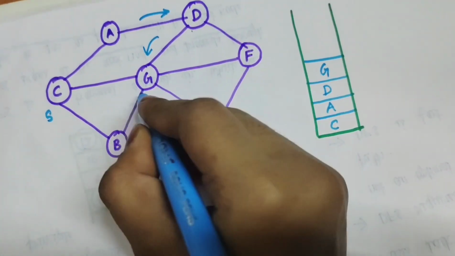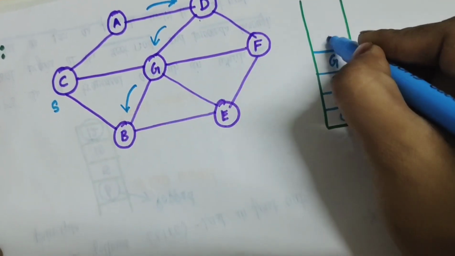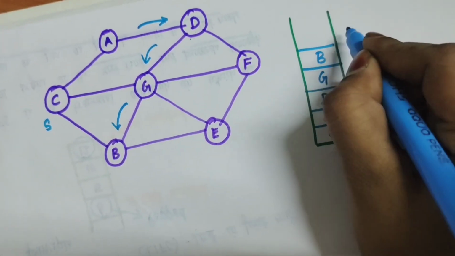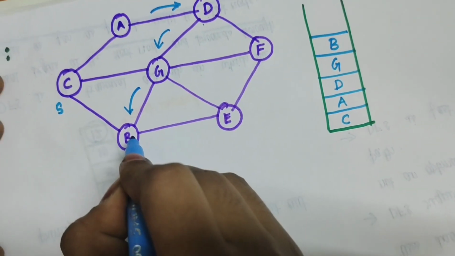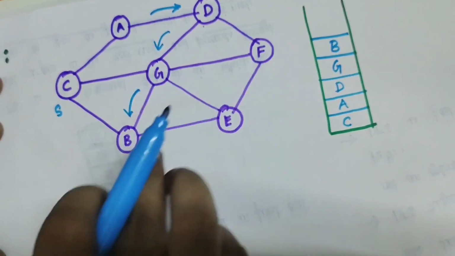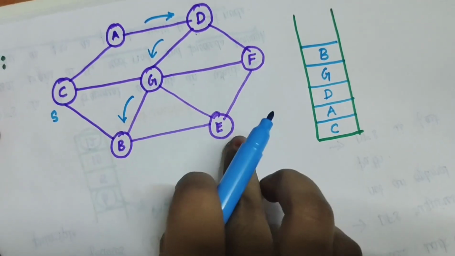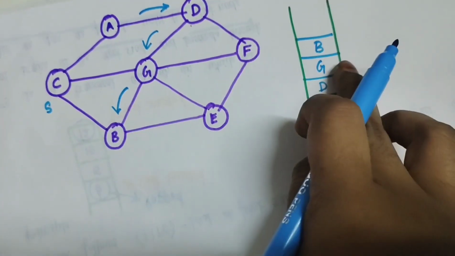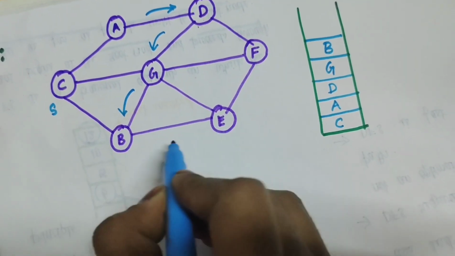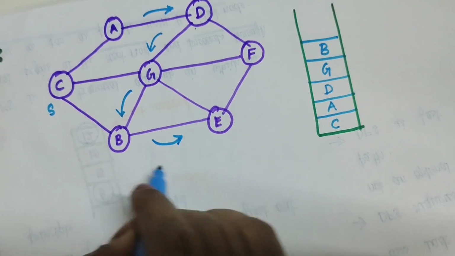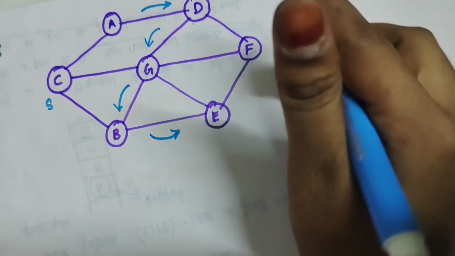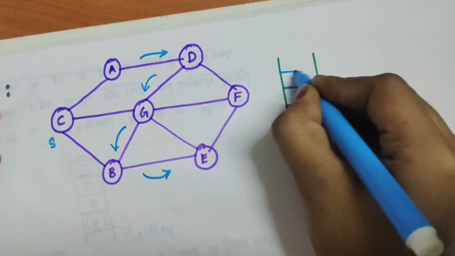So now I'll travel to B. So I'll now push B into the stack. And then after going to B, I'll see all the adjacent vertices of B. The adjacent vertices of B are G, E and C. But G and C are already visited. So the only remaining option for me is E. So now I'll travel to E and push E into the stack.